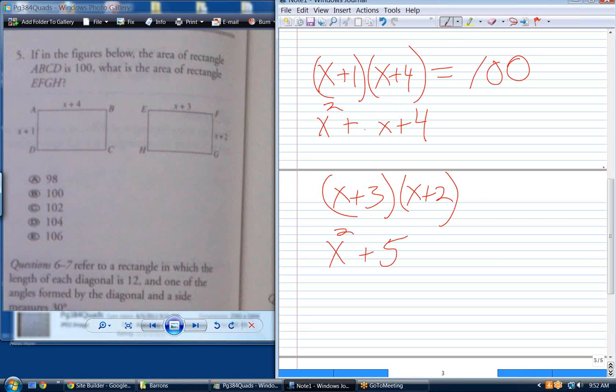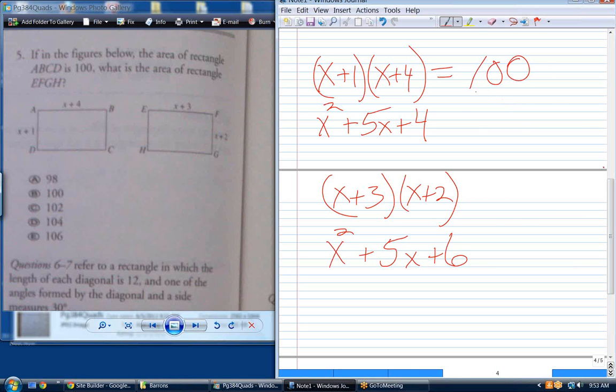Let me go back and remember how to FOIL. This is x squared plus 5x plus 4. This is x squared plus 5x plus 6. Oh, okay, so we know the plus 6 would be larger.